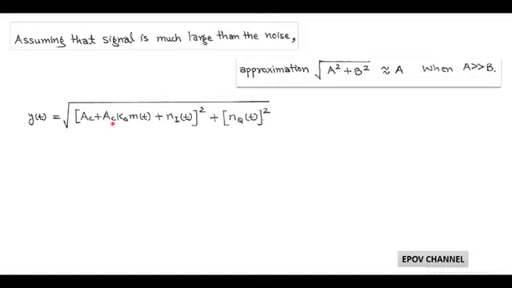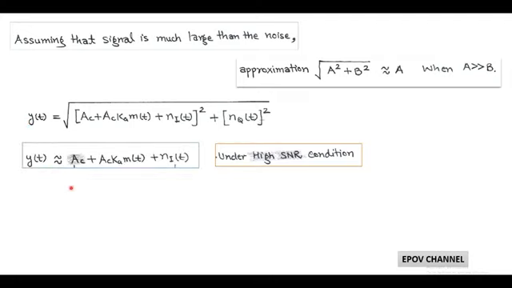So using this approximation and considering signal much larger than noise, called the higher signal to noise ratio condition, y(t) is approximately equal to Ac + Ac Ka m(t) + nI. Here the first term is DC component, second term is a signal component, and the third term is in phase noise component. And in order to find post detection signal to noise ratio, we require signal component and noise component.